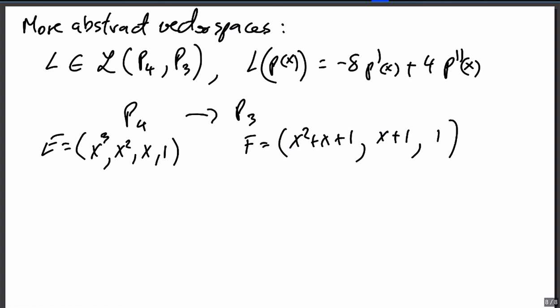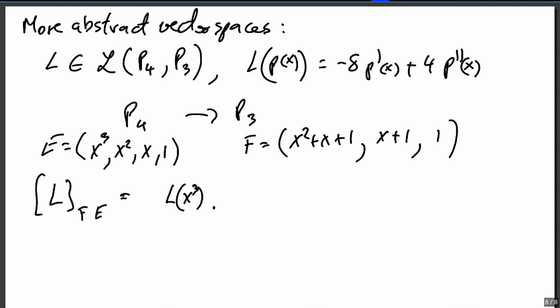It will be a short exercise to check that this is really a basis. So we are looking for the representation as we go from E to F, from P4 to P3 of this linear transformation.